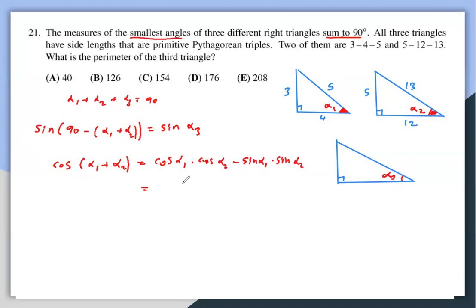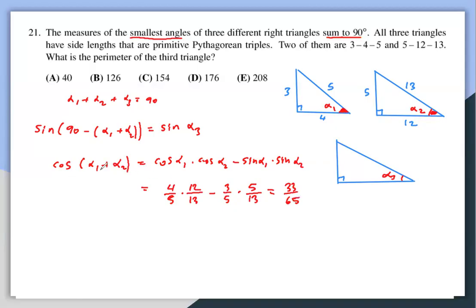The cosine of the first one is 4/5, and the cosine of the second one is 12/13, minus the sine of the first one, 3/5, times the sine of the second one, 5/13. Since the denominator is the same, we keep it as 48 minus 15, which is just 33/65.